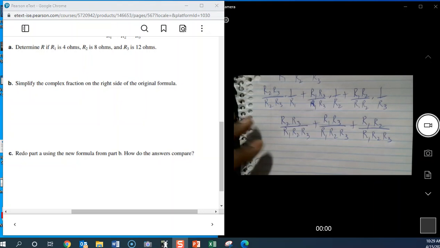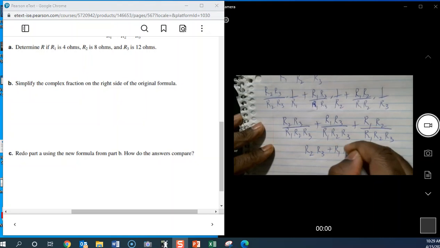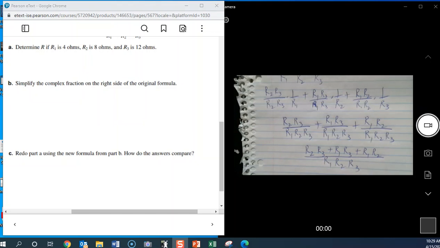All right, so now we would combine these. This would be R2 R3 plus R1 R3 plus R1 R2 all over R1 R2 R3.